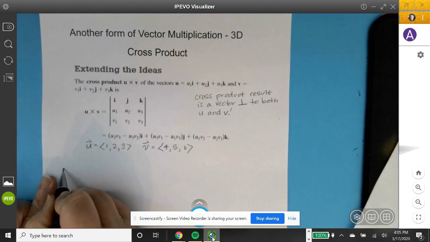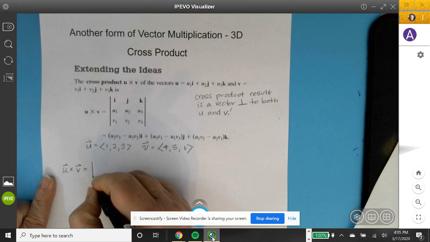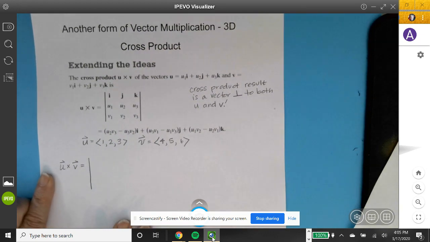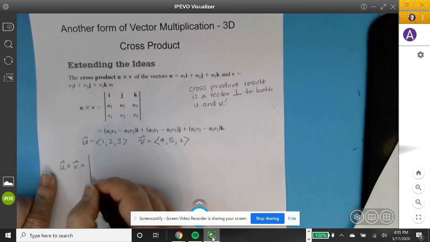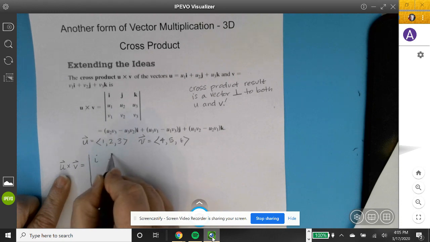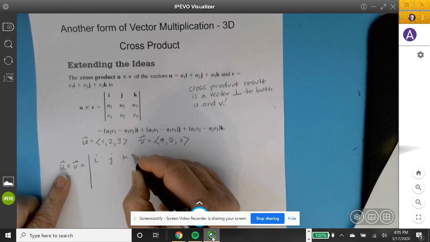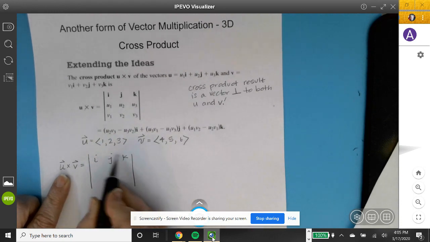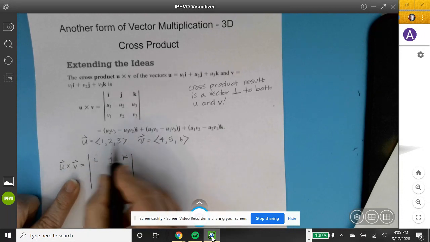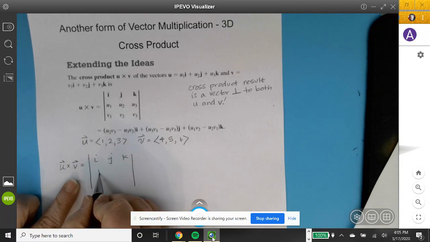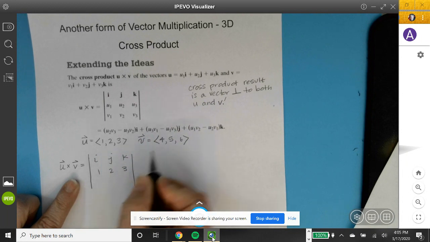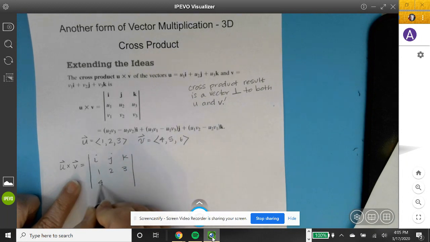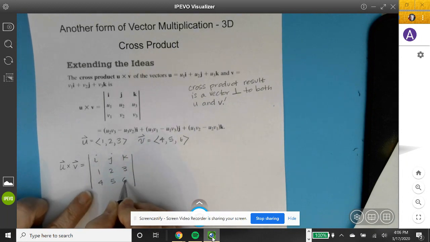So I'm going to write this down. u cross v is equal to, you set up what looks like a matrix, and it is, with an i, j, and k component up in the first row, and then you put your first vector in the second row, which is 1, 2, 3, and then the second vector in the third row, which is 4, 5, and 6.